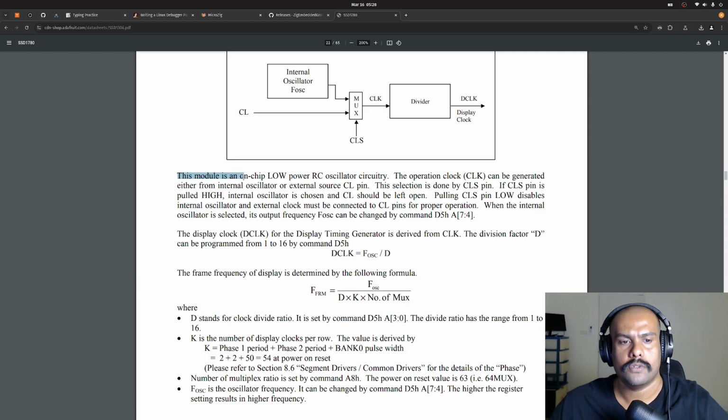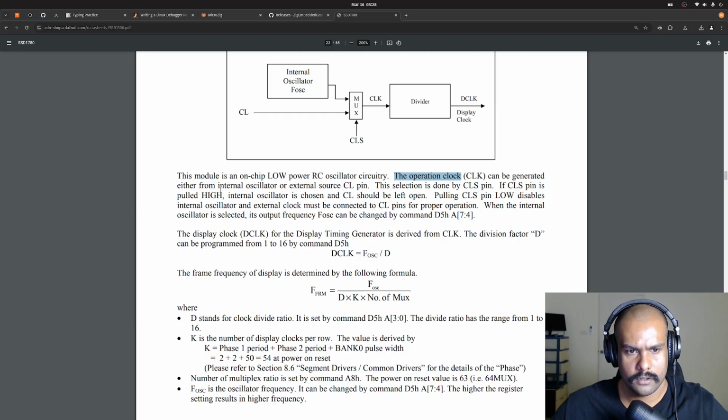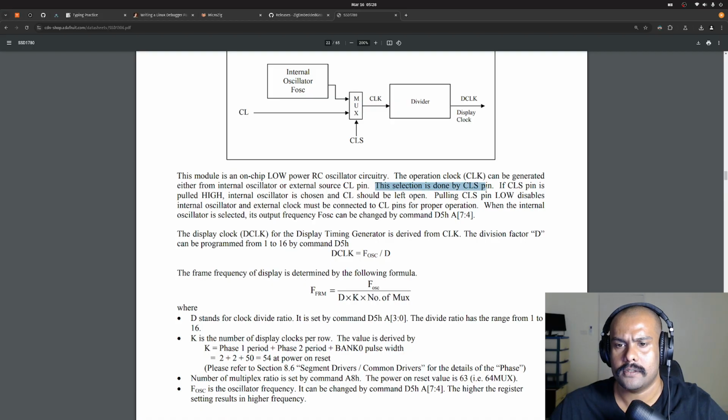This module is an on-chip low power RC oscillator circuitry. No idea what that means. The operation clock can be generated either from internal oscillator or external source CL pin. The selection is done by CLS pin.